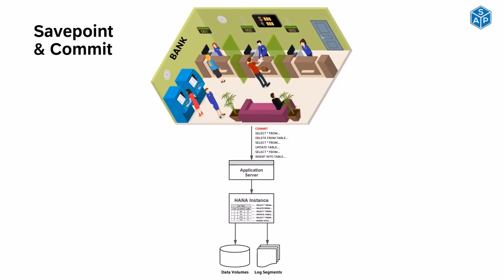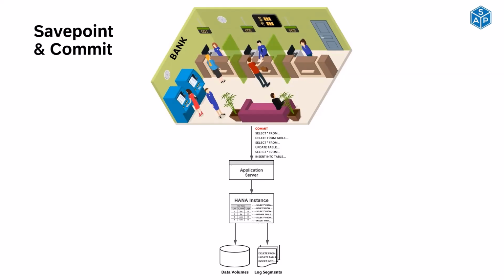There is a buffer called the SQL buffer, and in the SQL buffer all the SQL queries are saved for the time being. So what does the database do when a commit is passed? It copies all the SQL queries from the SQL buffer into your log segment and clears the buffer in your memory.